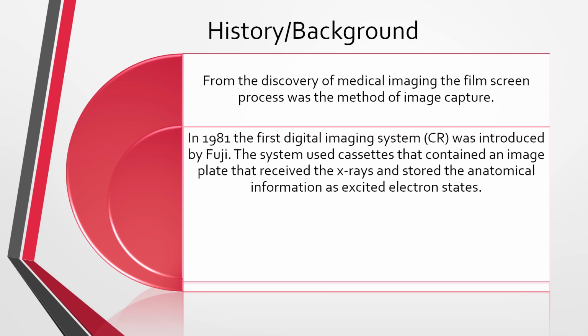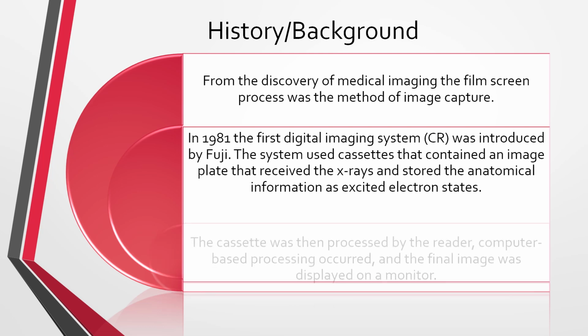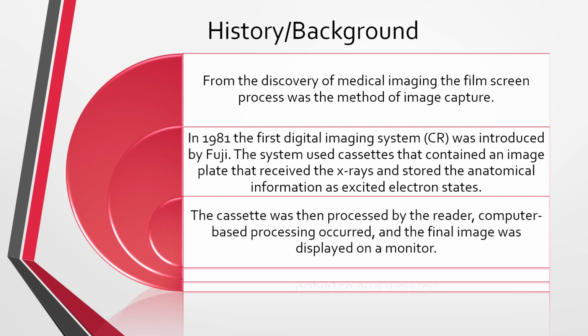The system used cassettes that stored an image on a plate that received the X-rays and stored the anatomical information as excited electron states. The cassette was then processed by the reader, computer-based processing occurred, and the final image was displayed on a monitor for interpretation and to be sent off.